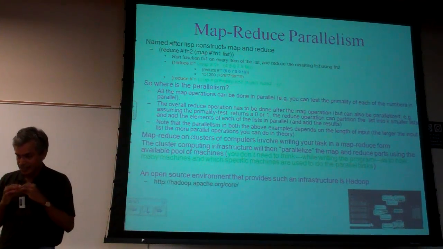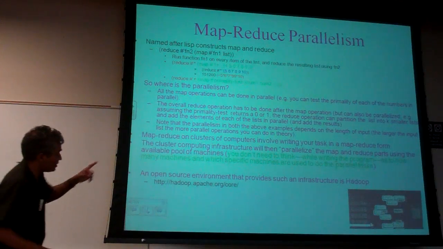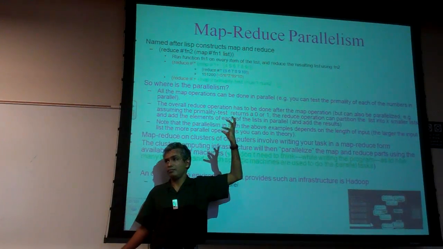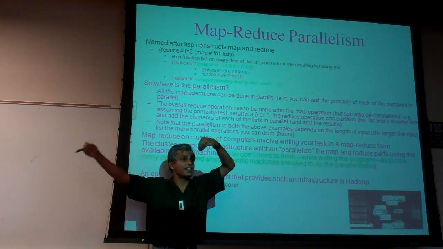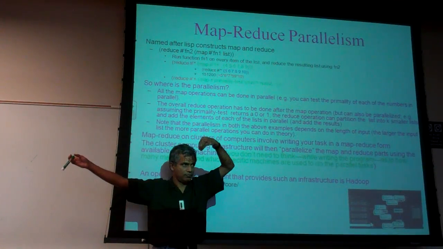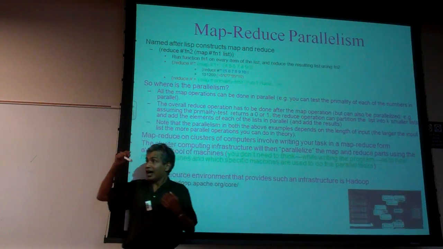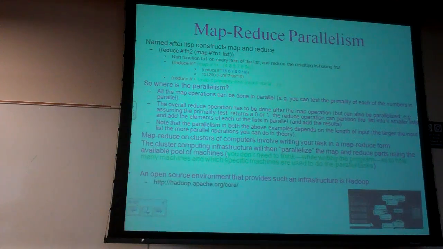What's interesting is that you can easily see the map can be parallelized, because each primality test can be run on a separate CPU. But I can also parallelize the reduce aspect.